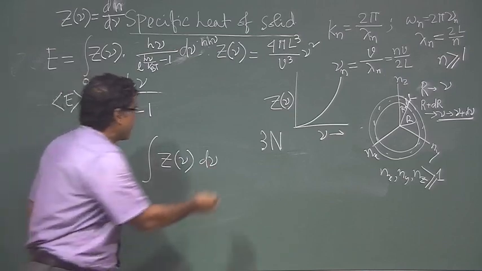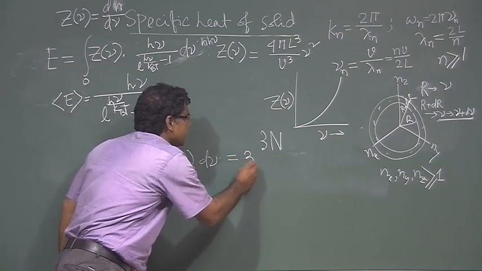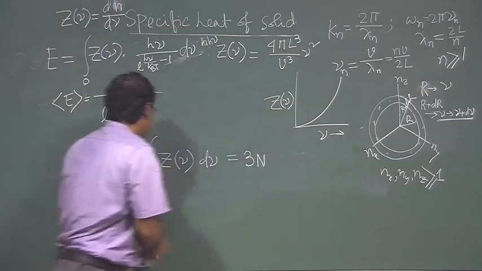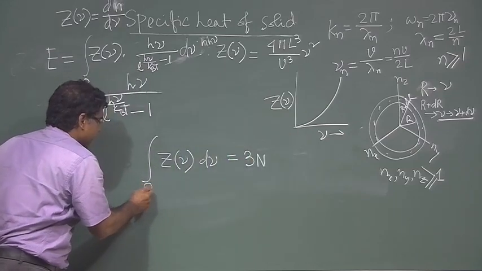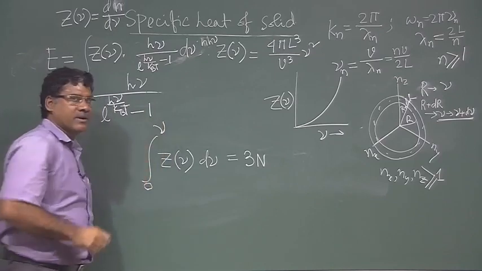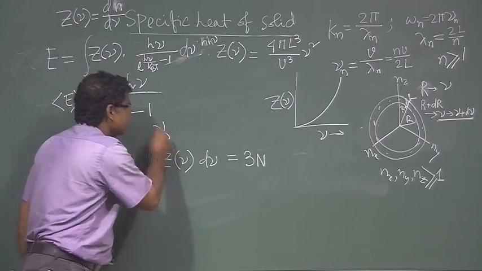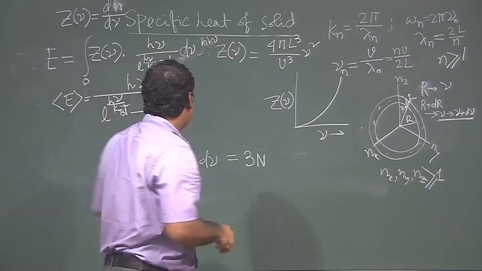So this total number of modes has to be 3N. So for that, what will be the frequency limit? That is called the cutoff frequency, the Debye frequency. So we write nu D, and we will find out the value of nu D.